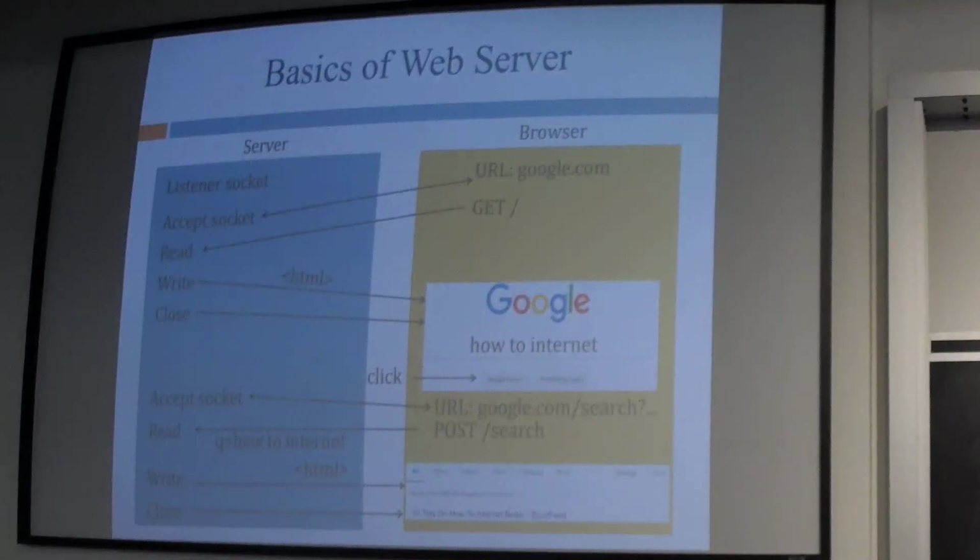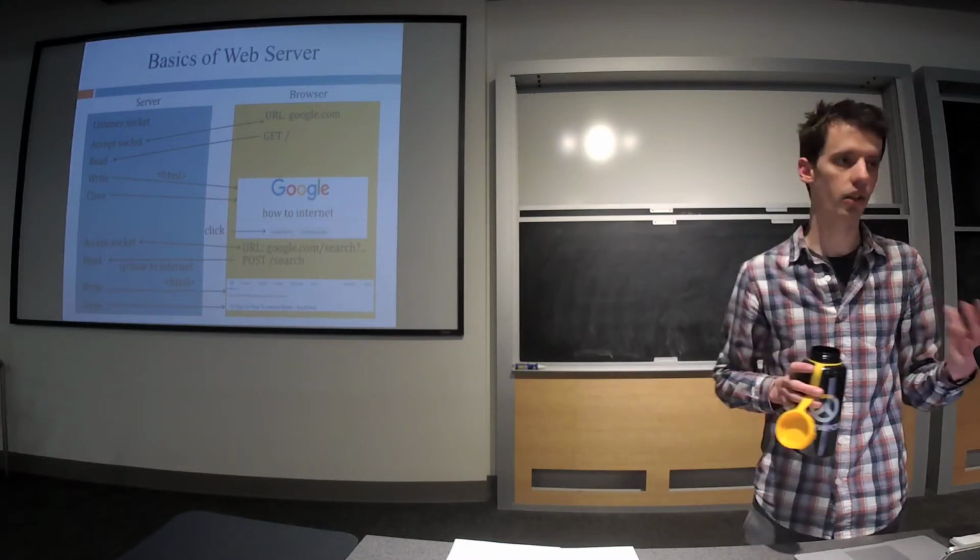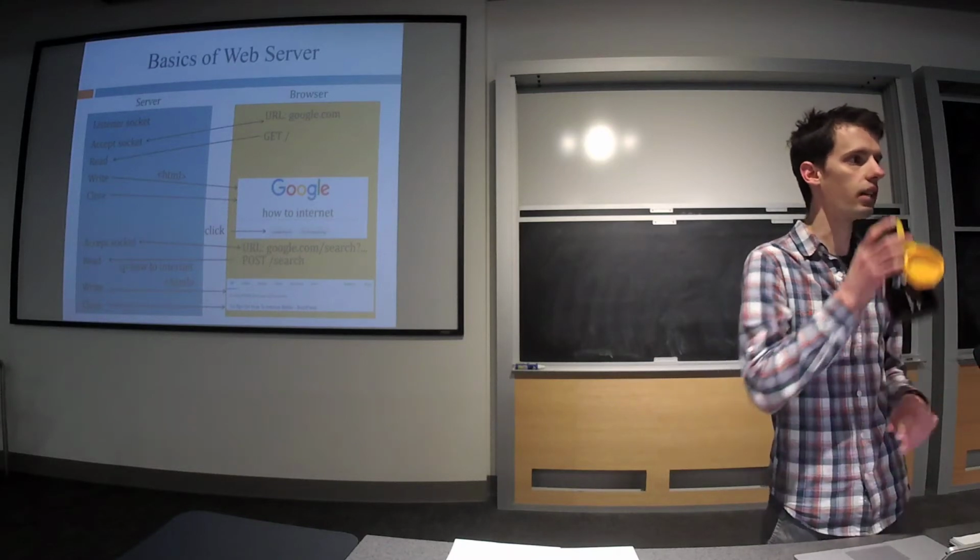And then, of course, there's a BuzzFeed article, 10 tips on how to internet better. That is actually the top when I tried this. And there'll be a bunch more there, but this is basically the server dynamically constructing HTML based on the URL and the queries that your browser asks of it.